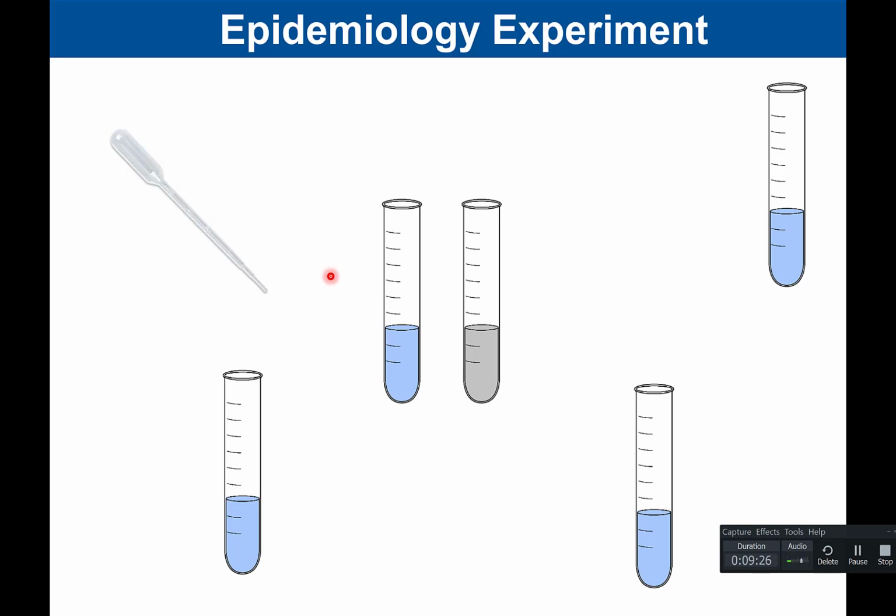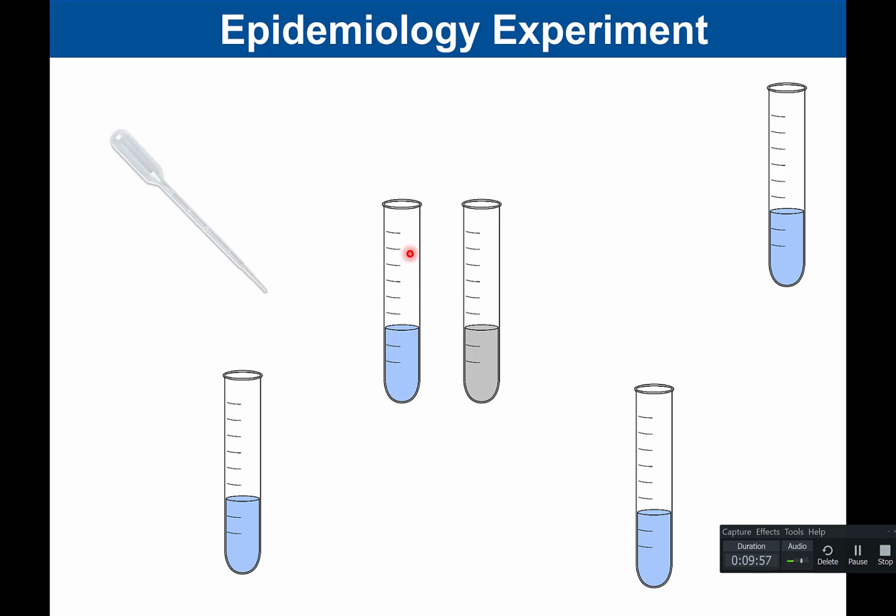In addition, each person would have their own bottle of fluid. And so what we would do is that bottle of fluid that you're given, you would take this plastic transfer pipette, and if you squeeze this bulb, you draw up liquid. So you would have your bottle with your fluid, you would insert your transfer pipette into the bottle, and then you would add that fluid to your test tube.